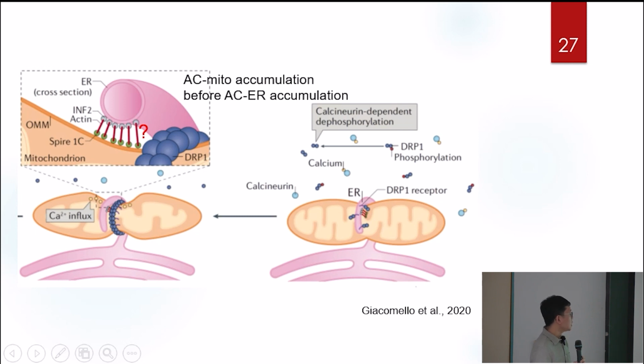In this case, we should see ACER come first and then AC mito come later. But here they found that AC mito accumulates before ACER. So where the actin comes from and how mitochondrial actin interacts with ER, I think it's a new topic we can study further.